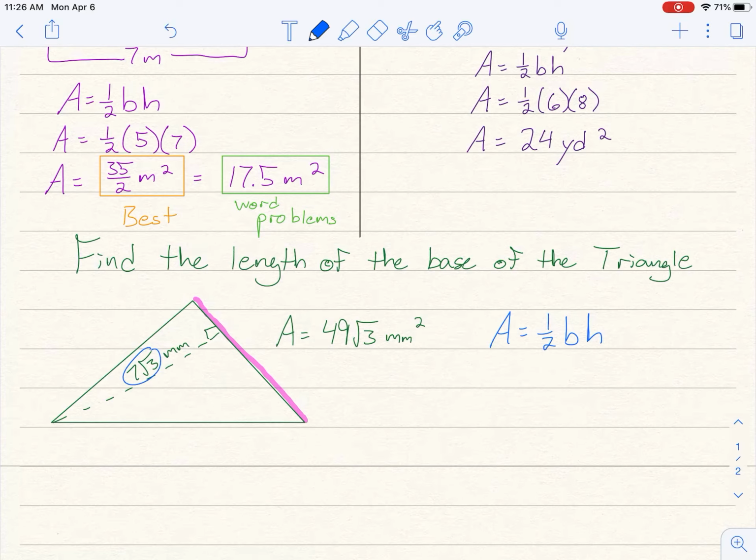So let's apply what we have, the 7√3 and the 49√3, this being A and this one being my height here. So 49√3 is equal to 1/2 times 7√3 times the base here.